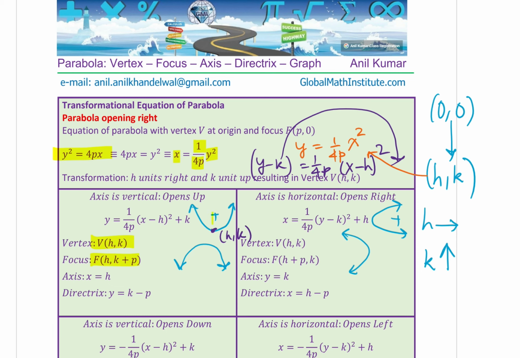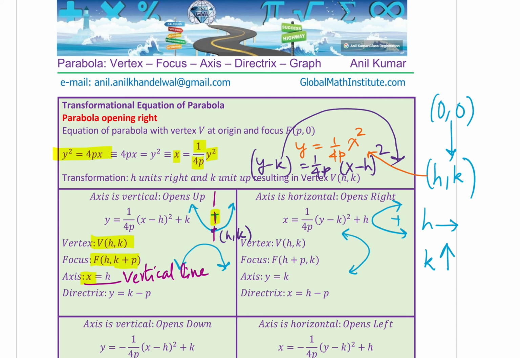That's the idea. So now the vertex is at (h, k), focus will be p above, right? So as we have seen, p above, so the y value of k will be added by p. The line x equals h will become the axis for the parabola, right? So that is going through the vertex x value, a vertical line.